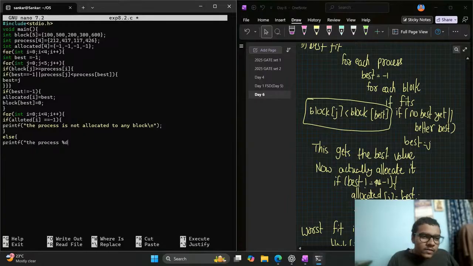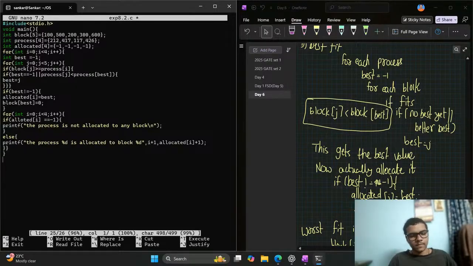The process I plus 1 is allocated to block I plus 1 is allocated to allocated of I plus 1. This is else clause and this is a for clause. This is a program clause.